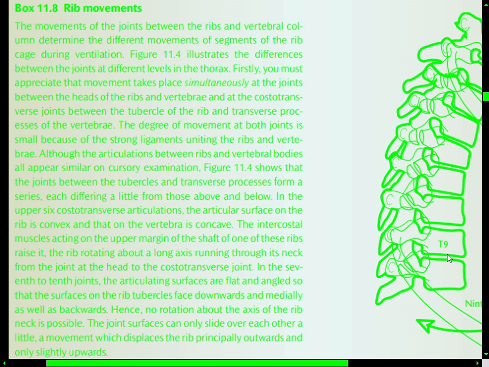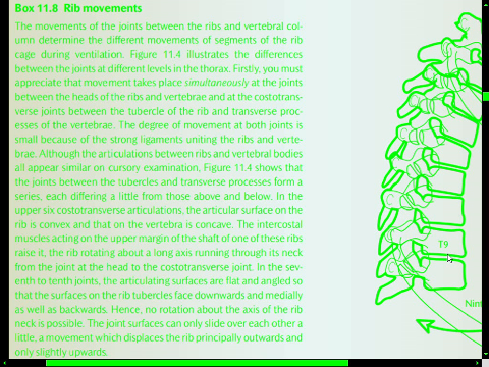The articulating surfaces are flat and angled so that the surfaces on the rib tubercle face downward and medially as well as backwards.